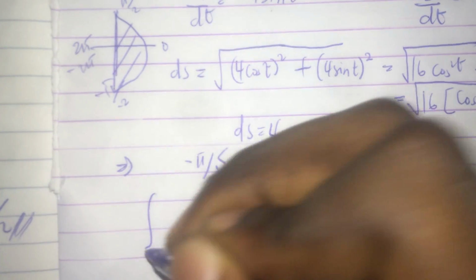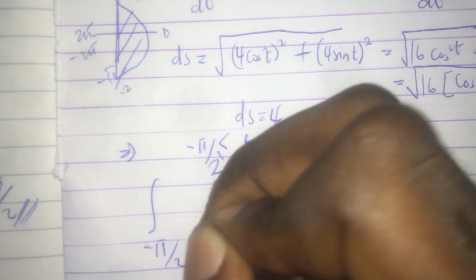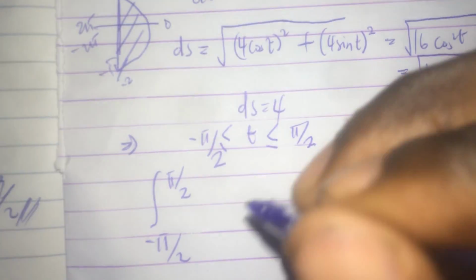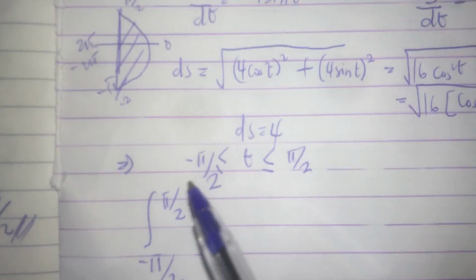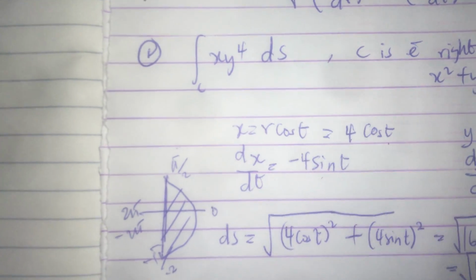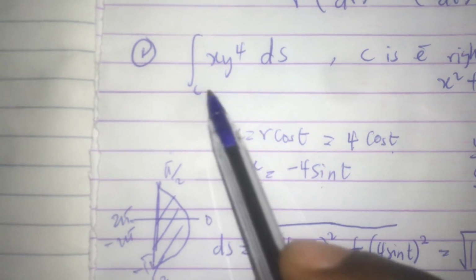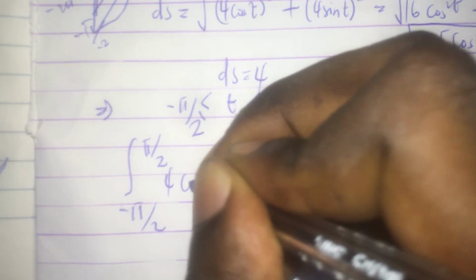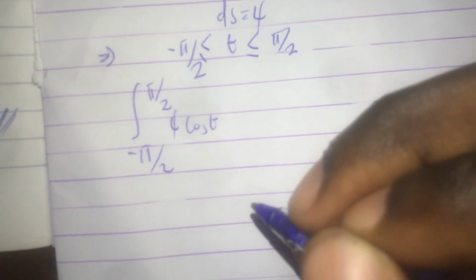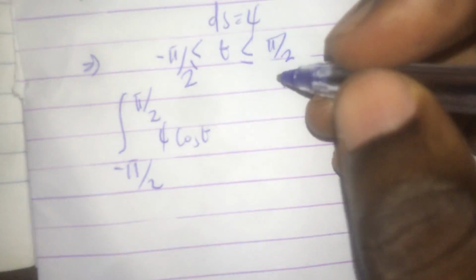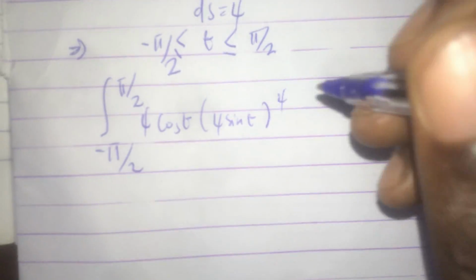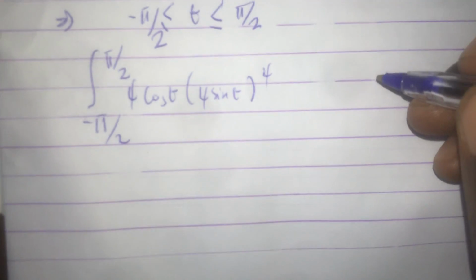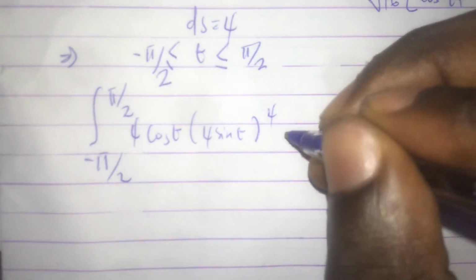Now we have our integral from minus pi on 2 to pi on 2 of x. Now, coming to the question, x is what? 4 cos t, and y is 4 sin t, so 4 sin t to the power 4. Then our ds is 4.